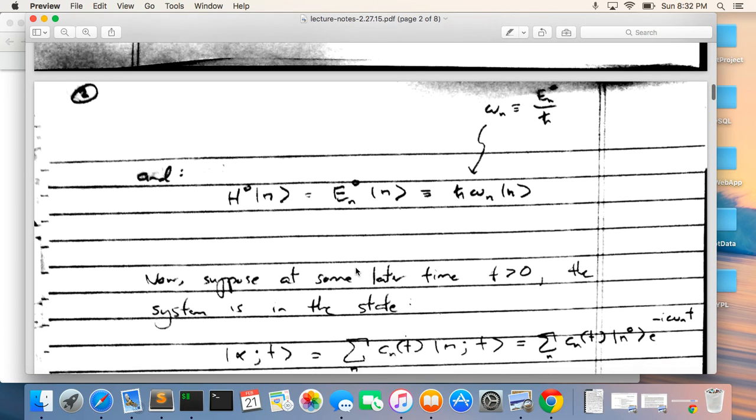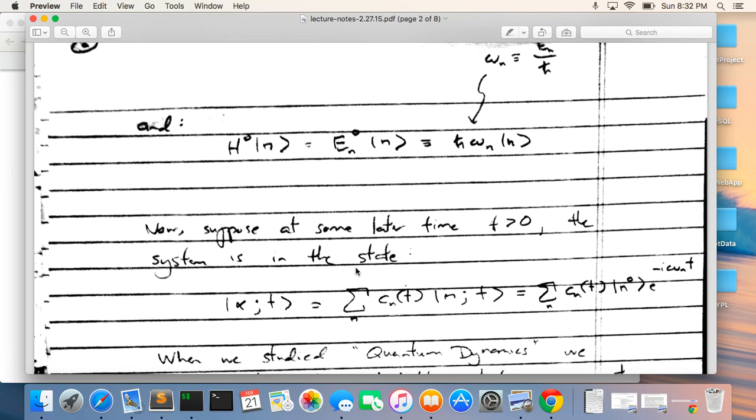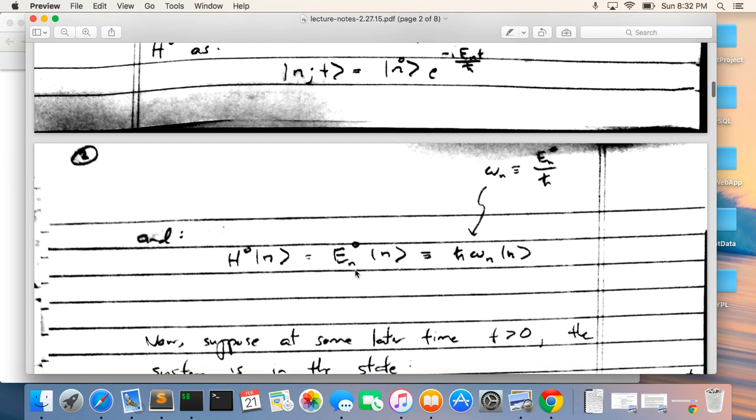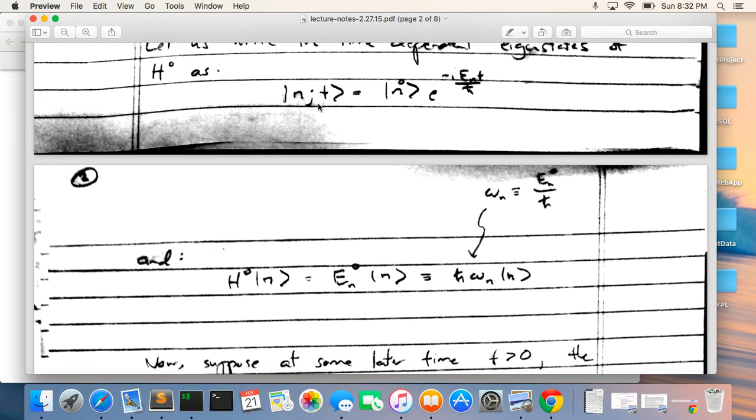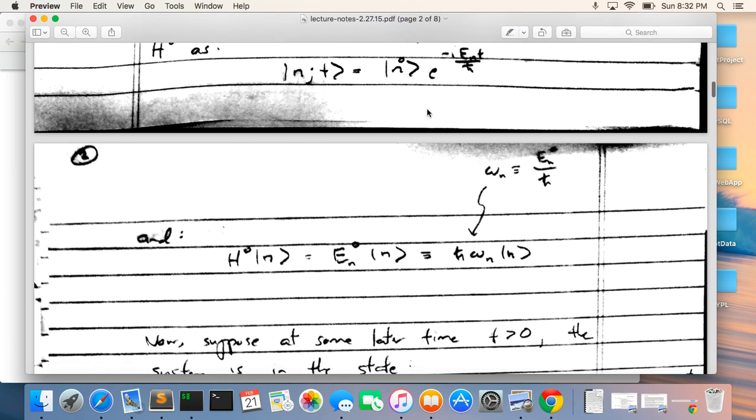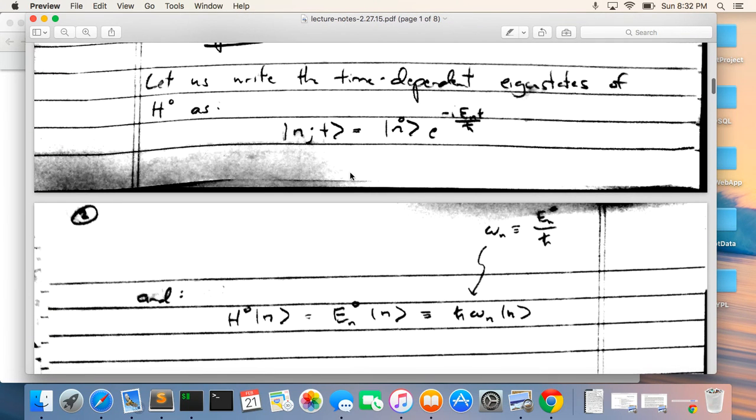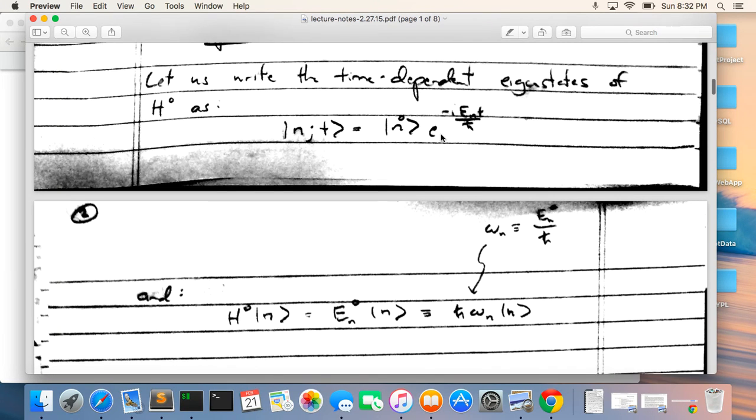Okay, so let's say we start with some general state alpha. We want to ask, what does this general state alpha look like at some later time t, given that these states evolve with this type of time evolution. Okay, so we're working in the Heisenberg picture, where the eigenkets evolve with time.